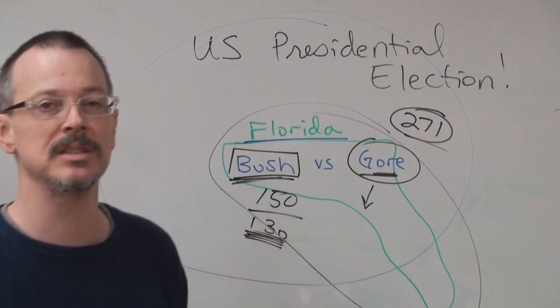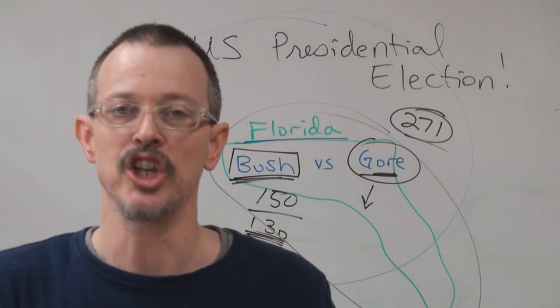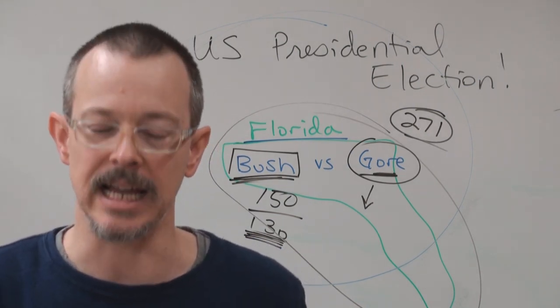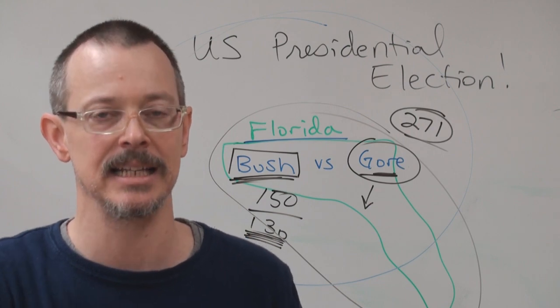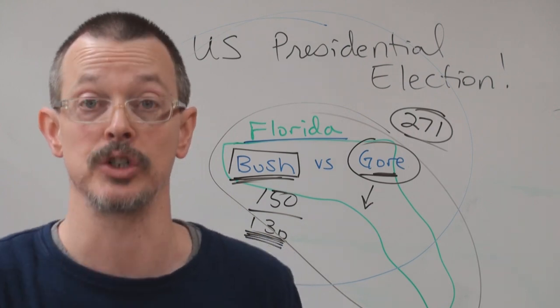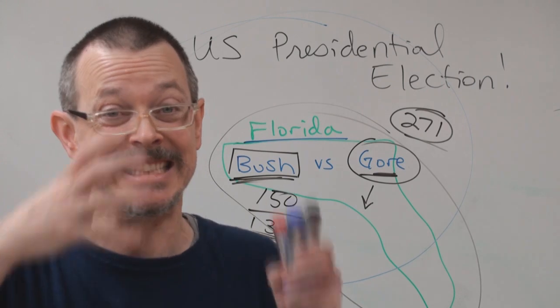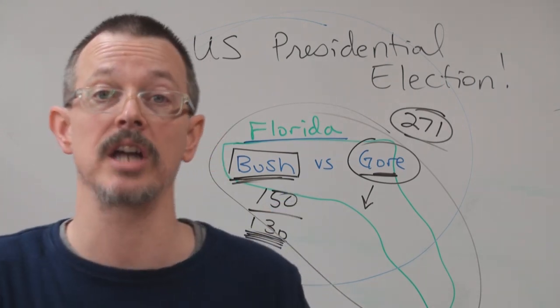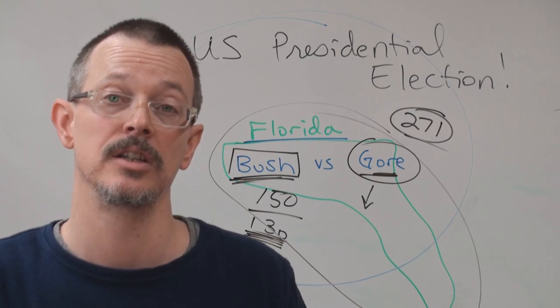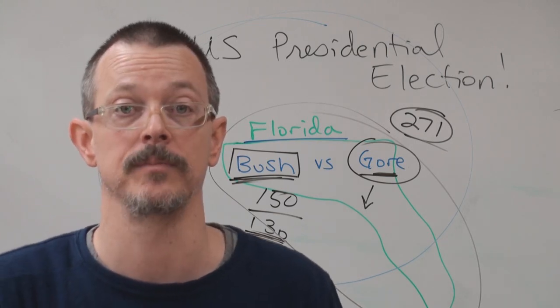So popular votes in America don't actually decide the president. Popular votes decide the electors, the state representatives who go later to Washington, D.C. to vote for the president.